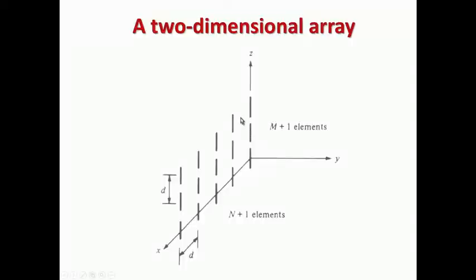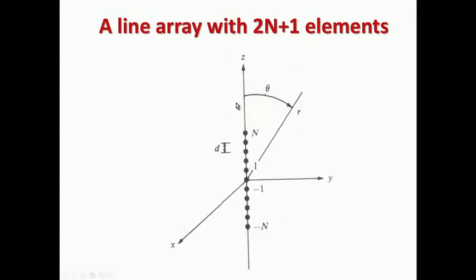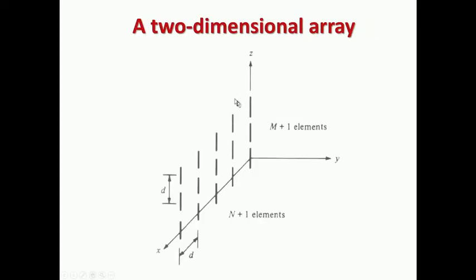Okay, so, first let us consider a two dimensional array, because we have not considered that. So, you see a two dimensional array. For simplicity, I have taken a one dimensional array in the x axis, and this one dimensional array is repeated along the z axis.